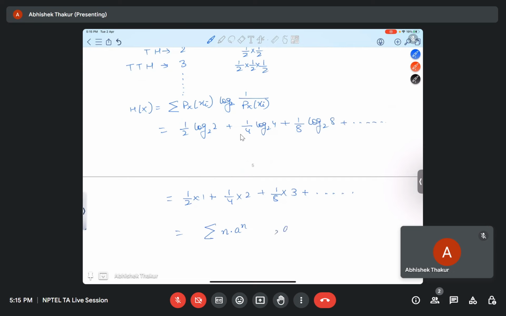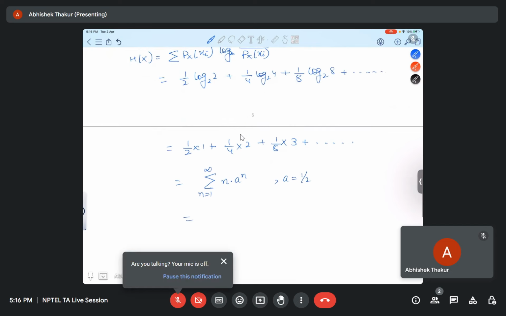Here a is equal to half and n is equal to 1 to infinity. Here you substitute. If you substitute n is equal to 1, it will become 1 into half. If you substitute n is equal to 2, it will become 2 into half to the power of 2, that will become 2 into 1 by 4.